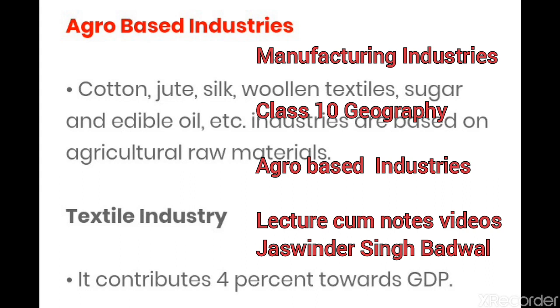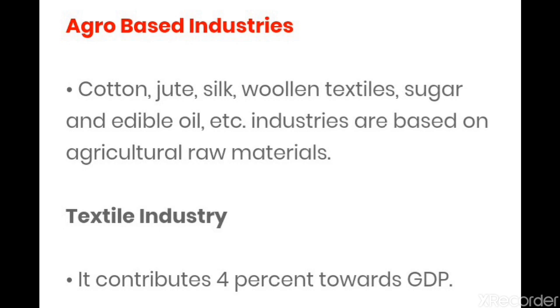So, as we have discussed in the previous videos, what are agro-based industries? Industries that use agricultural products as their raw materials are called agro-based industries.